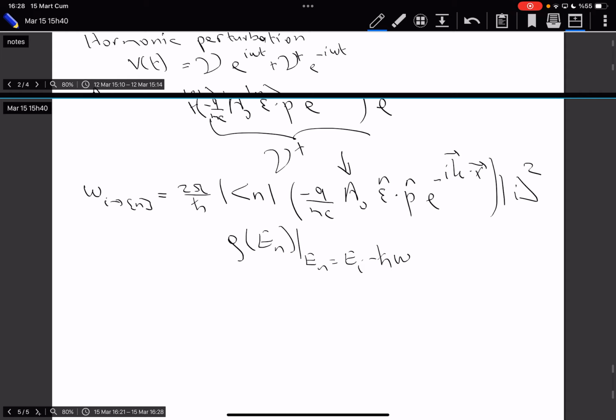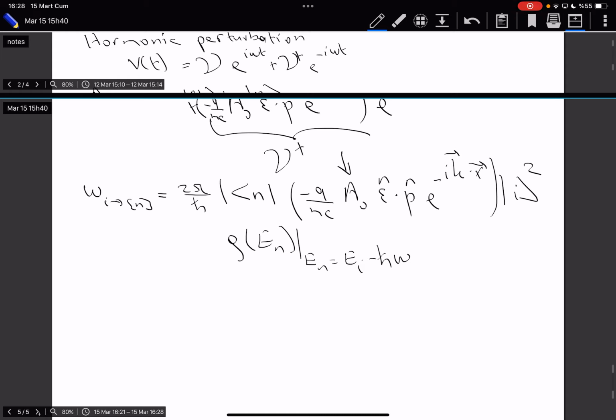But at the same time, we have to come up with some property of the interaction of the electromagnetic field with the atom that is independent of the amplitude. There will be certain effects which depend on the amplitude of the system. In this case, we see that if you double the amplitude A0, the transition rate becomes 4 times.